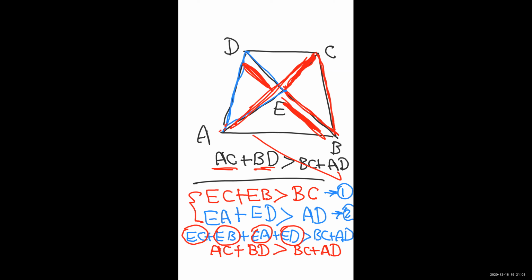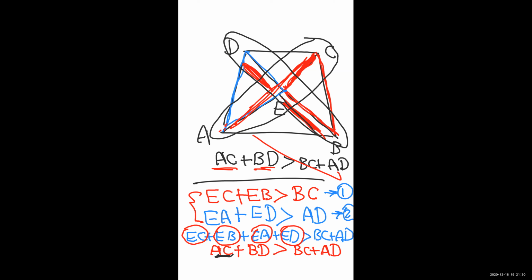So AC plus EB plus EA plus ED is greater than BC plus AD. But EC plus EA is AC, and EB plus ED is BD.